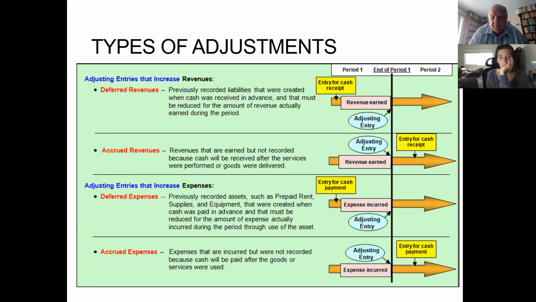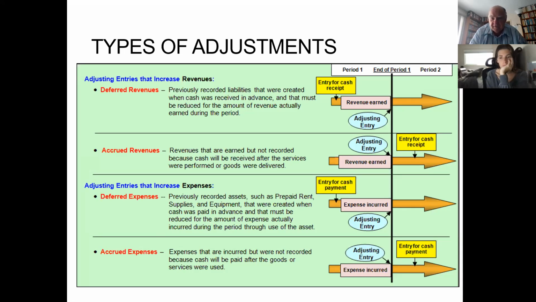The deferred items, whether revenues or expenses, mean this: money has changed hands, but the service or the delivery is deferred. A deferred revenue or expense means that money was paid from one party to the other, but neither party has either earned the revenue or gotten the benefit yet of whatever they purchased.